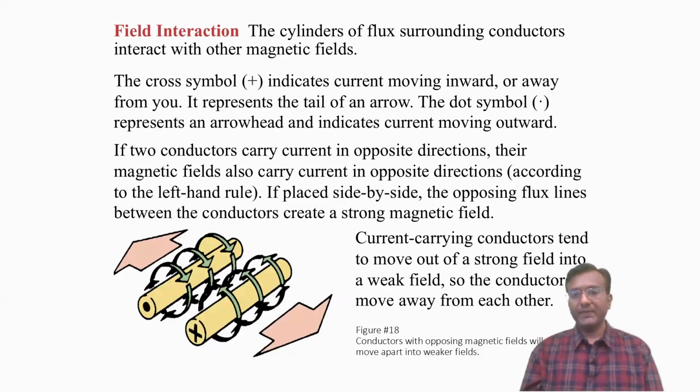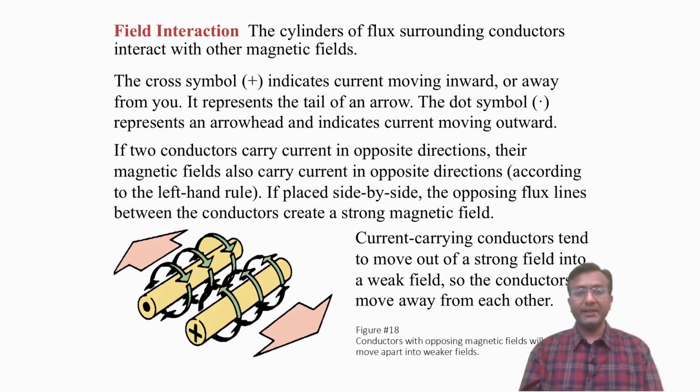Now we will see the field interaction and the motor principle. If we want to understand how an electric motor works, then this concept is very crucial. The flux cylinders surrounding conductors interact with other magnetic fields. For instance, if two conductors carry current in opposite directions, their magnetic fields will also be in opposite directions.